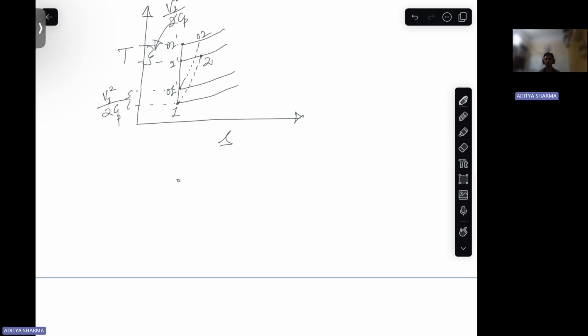The dynamic part that I was discussing. Then initially this is the enthalpy. Previously we were considering only static enthalpies. Now these are total enthalpies. H01, and at H02 we have this.